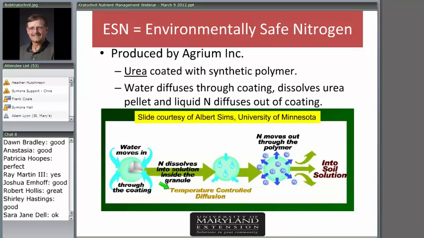Temperatures are cold, it's dry, and the water doesn't get into the polymer coating and dissolve the urea. So you have a delay in response of your small grain crop in a situation like that.